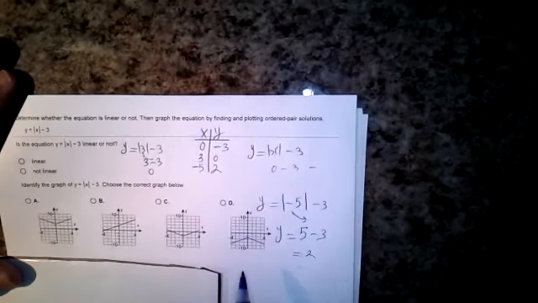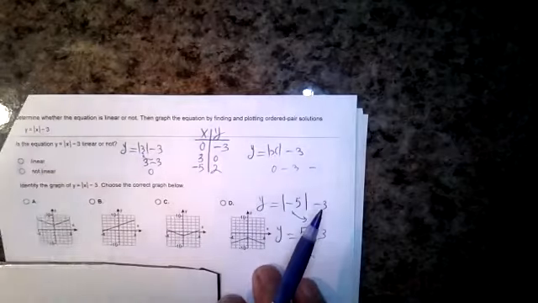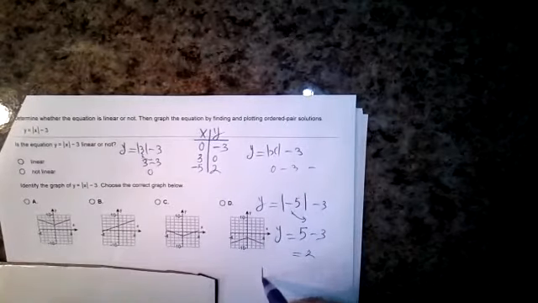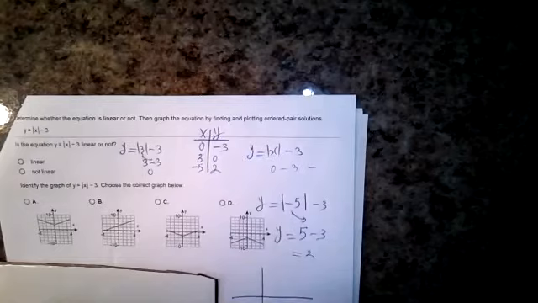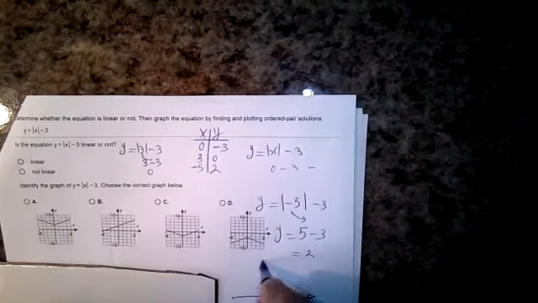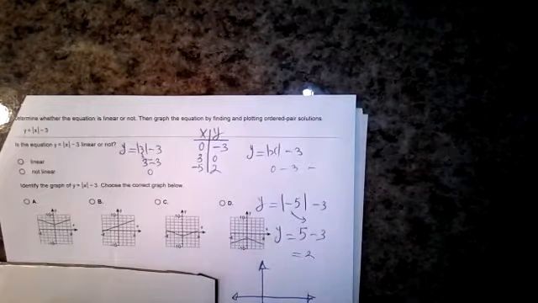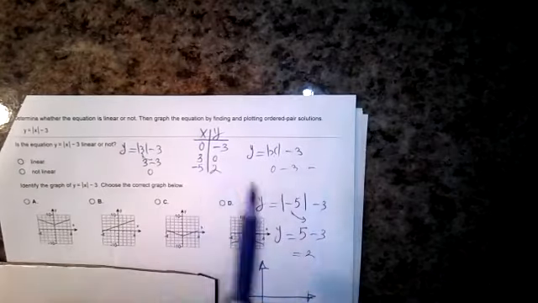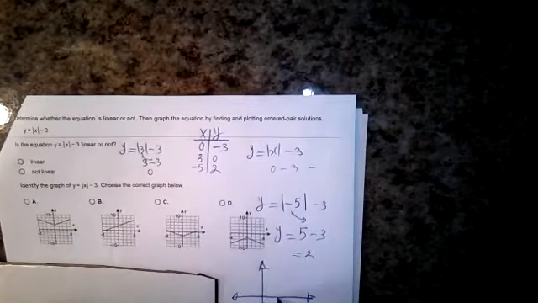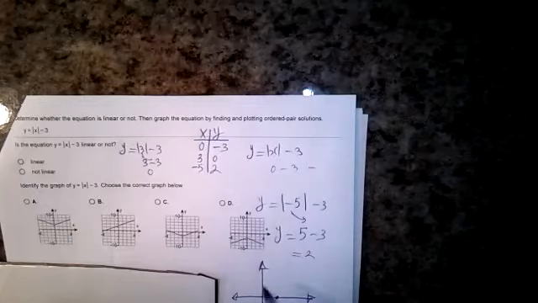Now, when you graph this, you see something like this. X is 0, y is -3. This is 1 point. X is 3, y is 0. X is -5, y is 2.